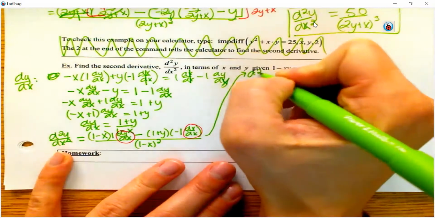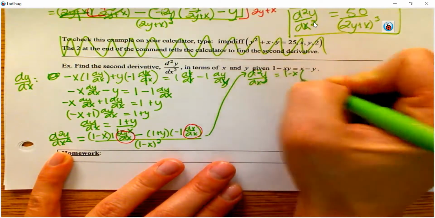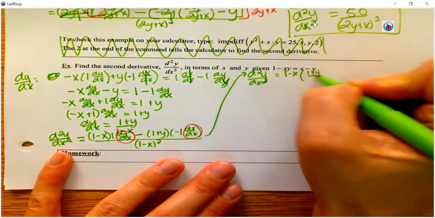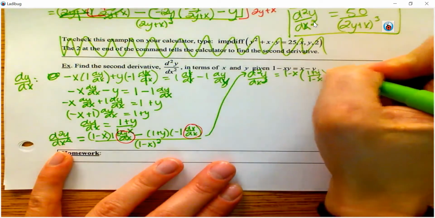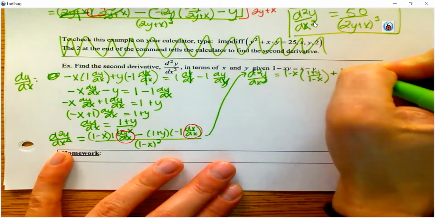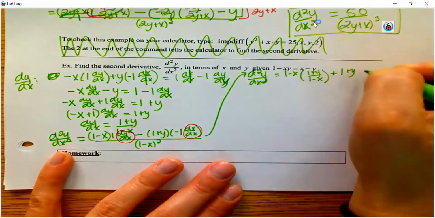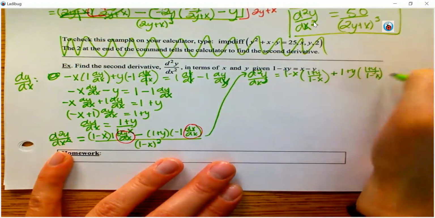So I've got 1 minus x times 1 plus y over 1 minus x, plus 1 plus y times 1 plus y over 1 minus x.